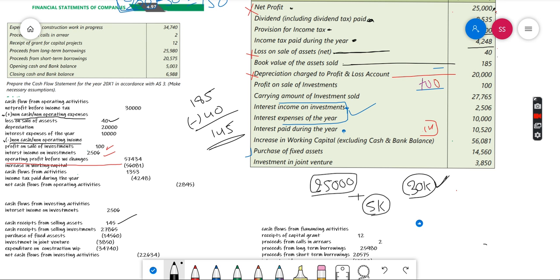Then this is also done. Then profit on sale of investment, which we already did there. So we sold some investments which are 27,765. We sold them for a profit of 100 rupees. That means 27,765 plus 100, 27,865 worth of investments we sold.